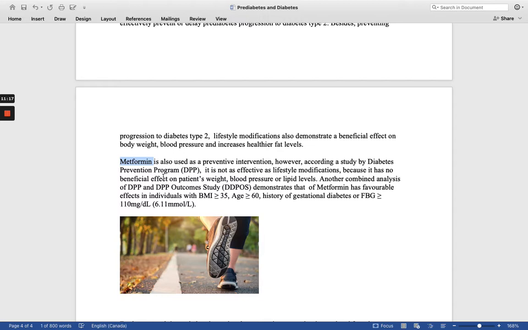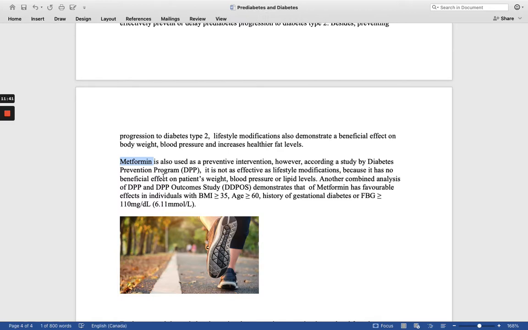What they found out was that it is helpful in a lot of cases, especially with people who are obese with BMI of 35 or more, and if their age is 60 or more, and if they have a history of gestational diabetes. So it is quite helpful for those people.